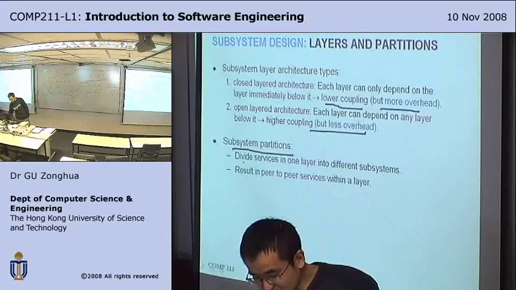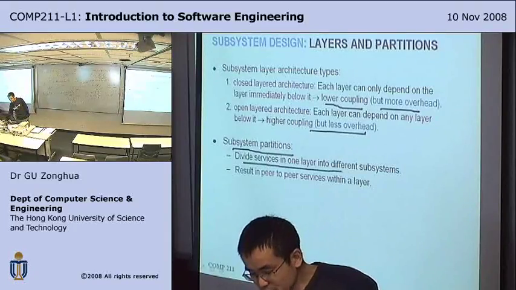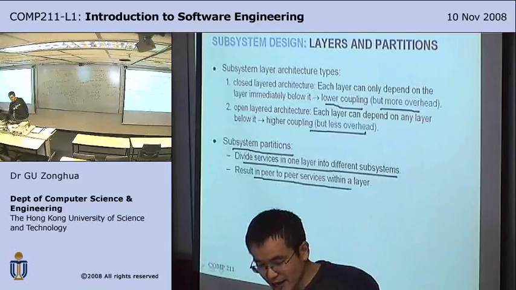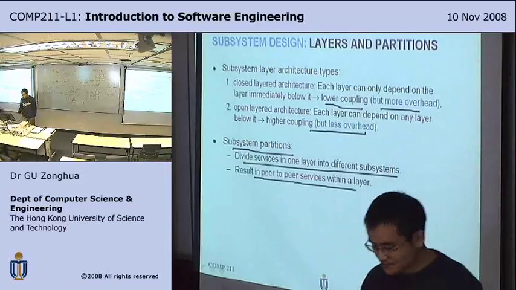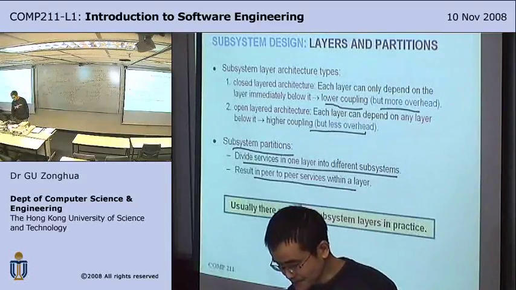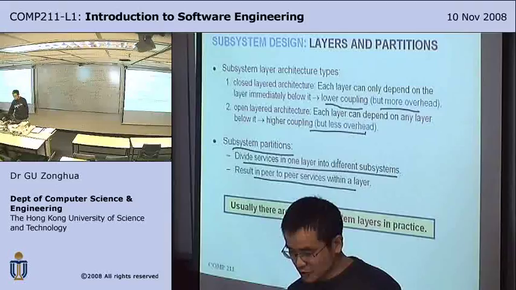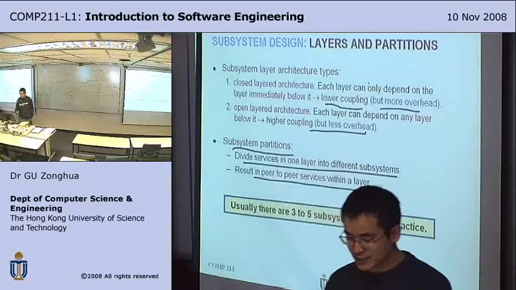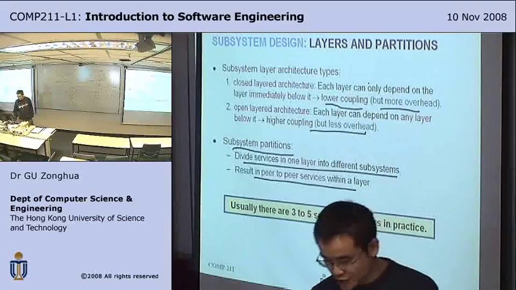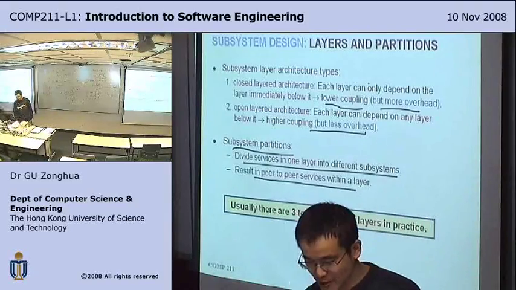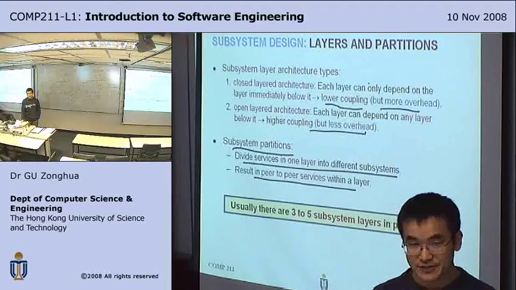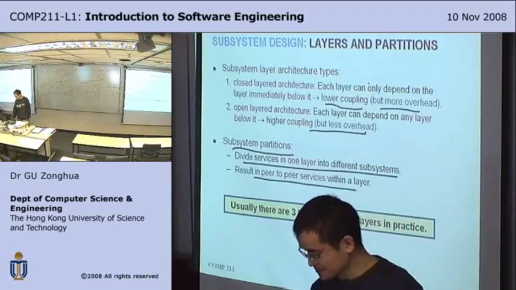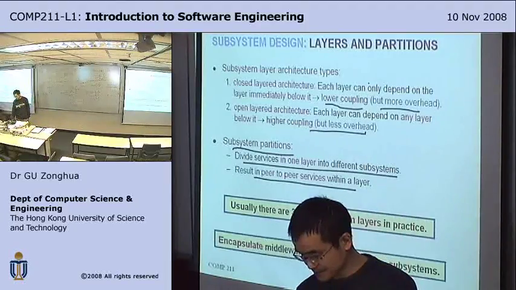That is, you can divide up services in one layer into different subsystems, and you have peer-to-peer services within the layer. Usually you have 3 to 5 subsystem layers. In practice, you shouldn't have too many subsystem layers, to avoid introducing too much overhead into the system.